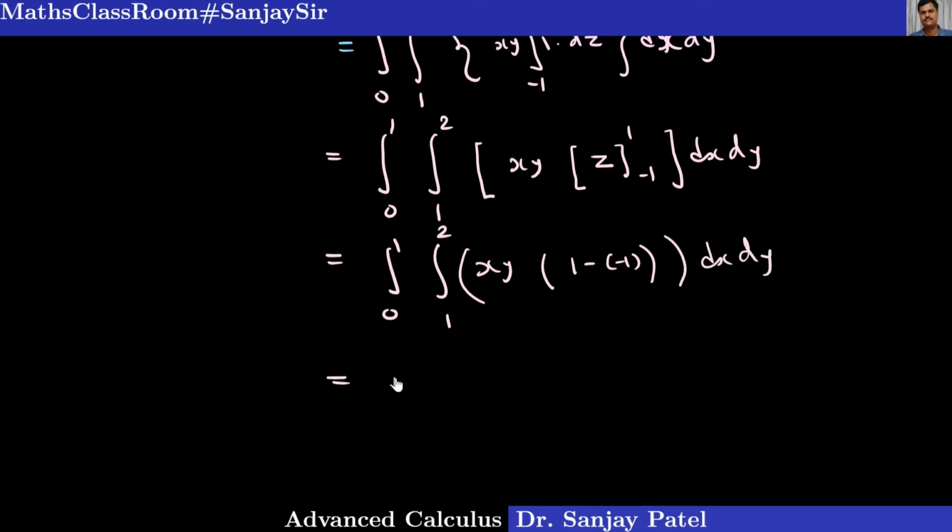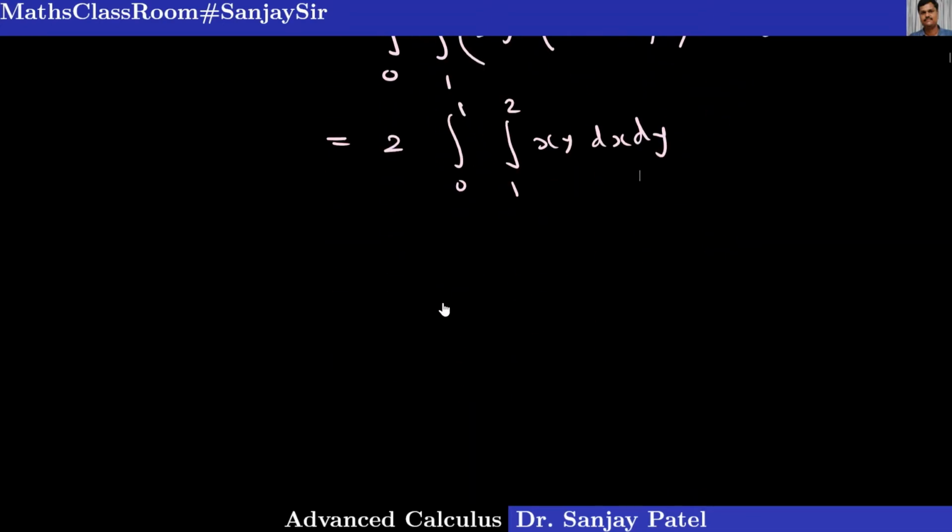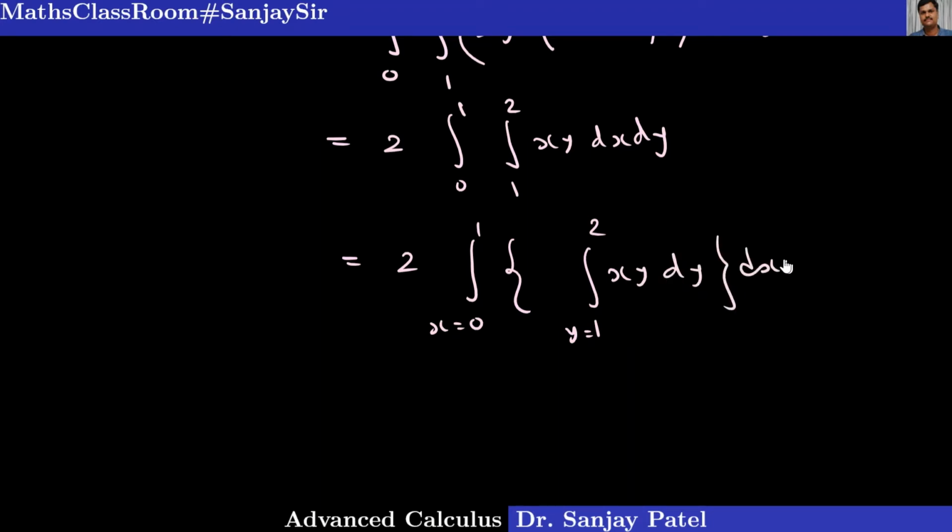So now this becomes our simple double integral of functions of two variables, x into y dx dy. So integrate this with respect to y first and then with respect to x. So this is equal to 2 times integral 0 to 1, these are the limits of x, remember, into integral 1 to 2, these are the limits of y, x into y dy, and then dx. So this is equal to 2 into integral 0 to 1. Here x is constant, so we integrate y with respect to y.